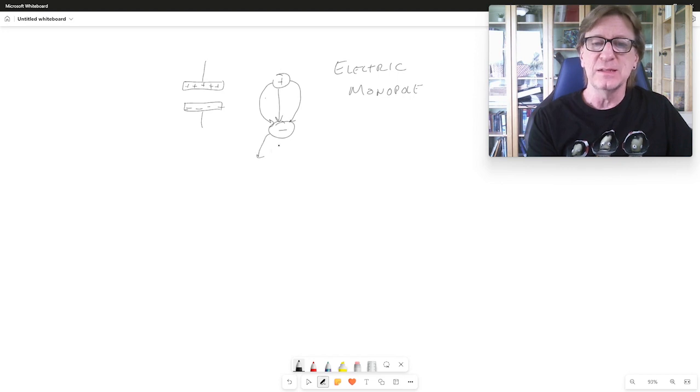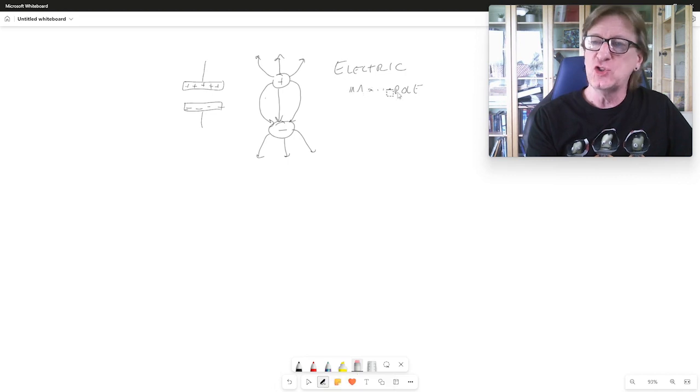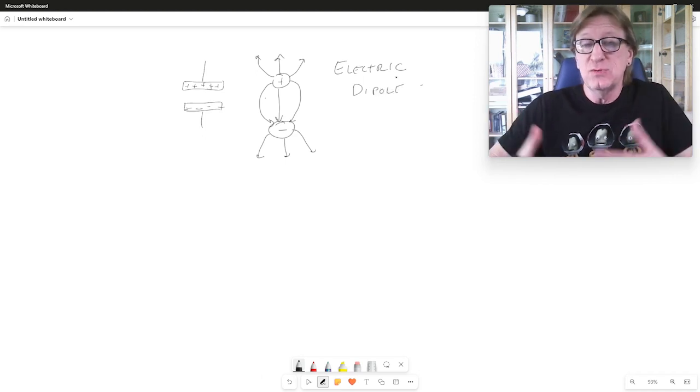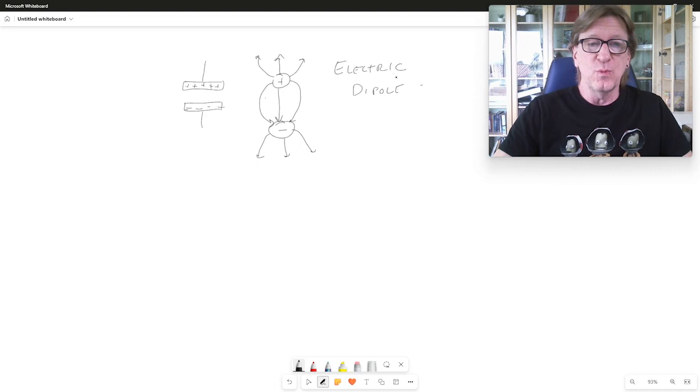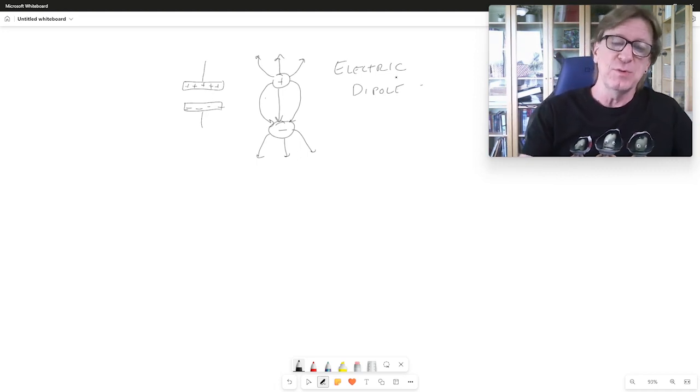And then maybe I had some coming out this way, maybe I had some coming out this way. Something like that. So this device, when I have two of these charges, when I have two of these poles, then we said that was an electric dipole. Di means two. So we've done all of this. This is all nice and normal, and you should be pretty familiar with it by now.